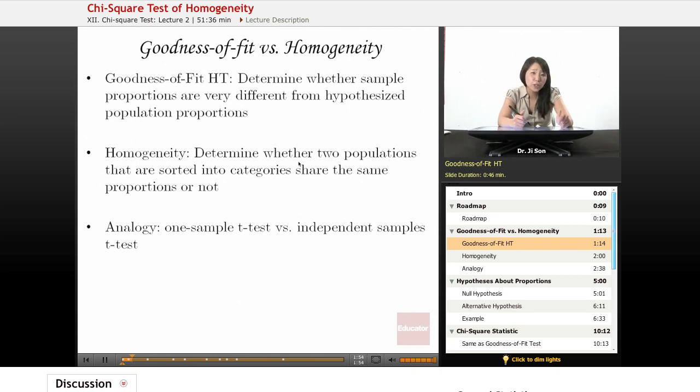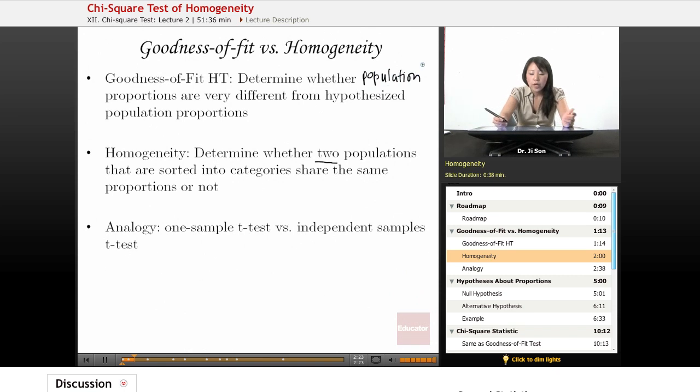In tests of homogeneity, homogeneous means similar, right? That they're made up of the same stuff. In tests of homogeneity, we want to determine whether two populations that are sorted into categories share the same proportions or not. And here you could also substitute the word population, because ultimately we're using the sample as a proxy for the population.